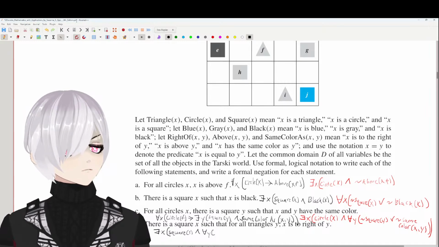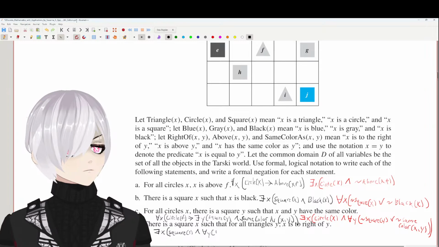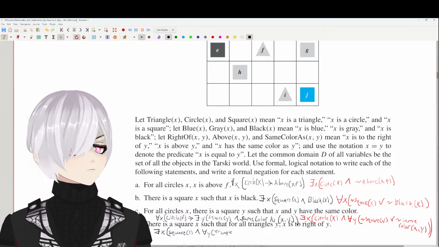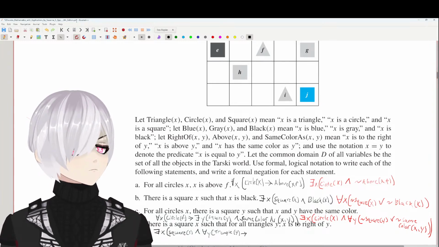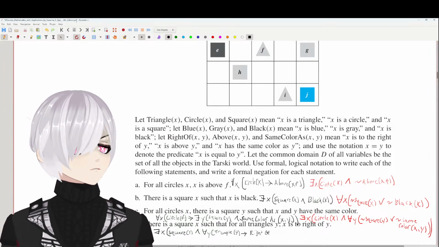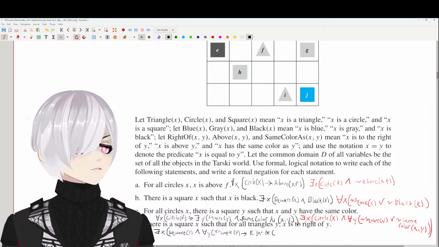So for all y, if y is a triangle, then x is to the right of y.